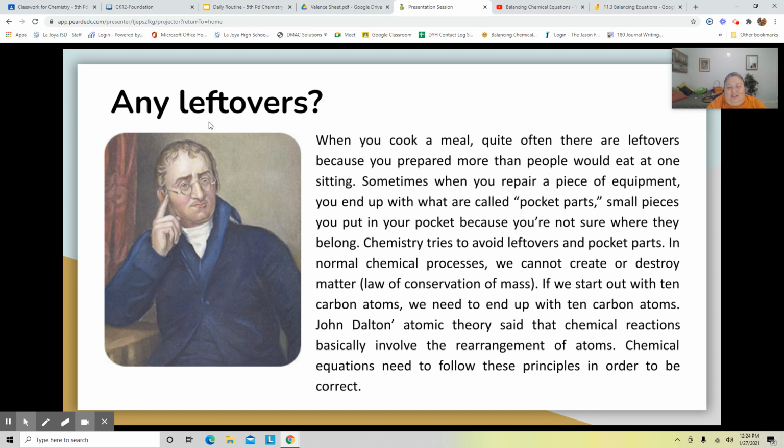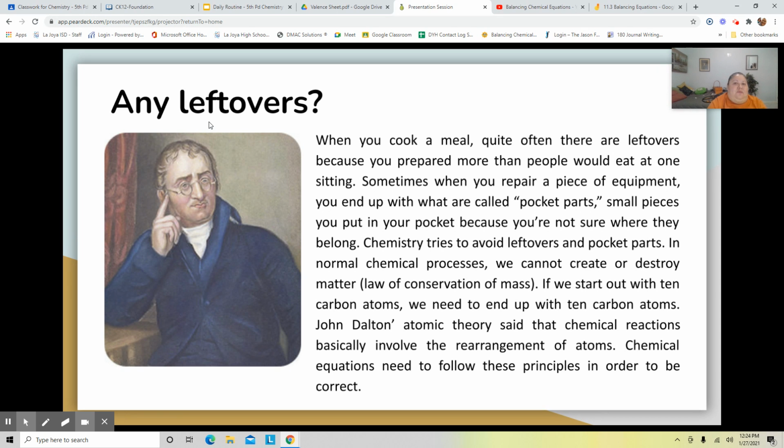Or you're building an engine and all of a sudden you have these little extra parts and you're not sure where they go. It happens. In chemistry, we try to avoid leftovers, okay? We don't like leftovers. In chemistry, we like everything balanced out.